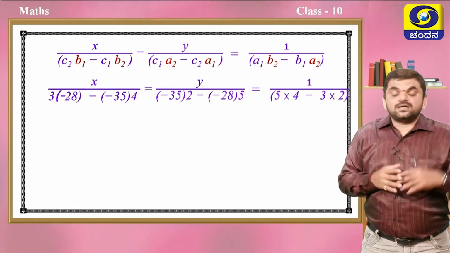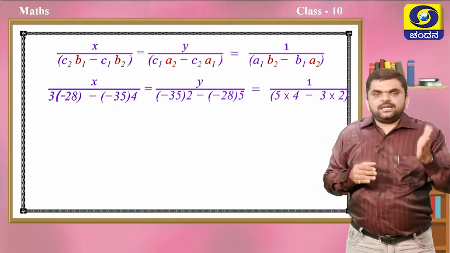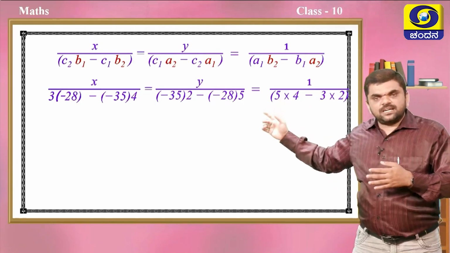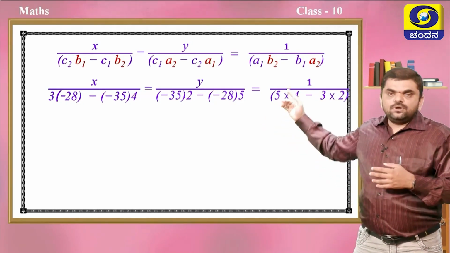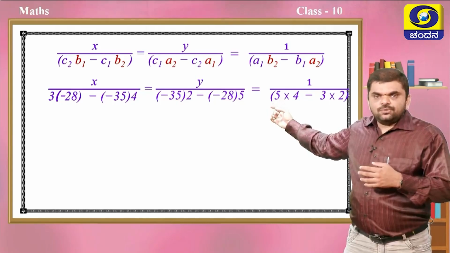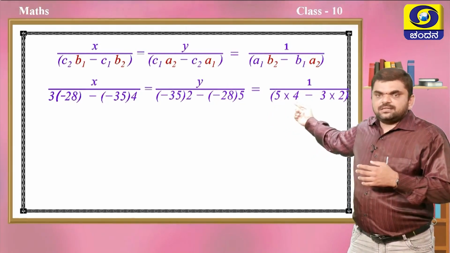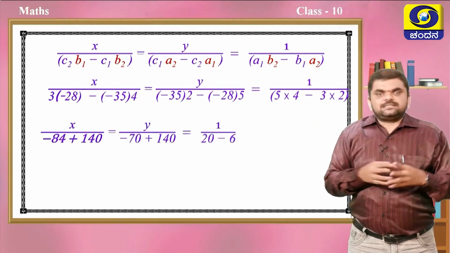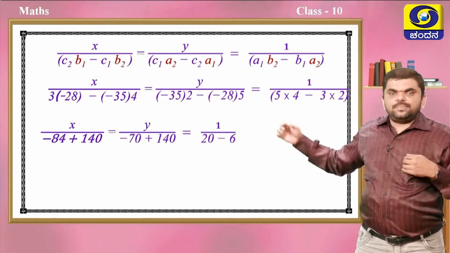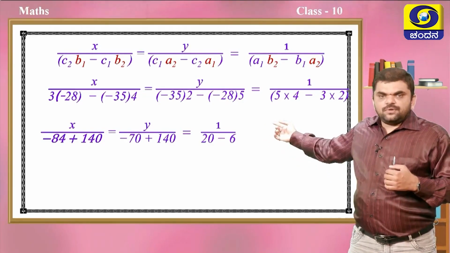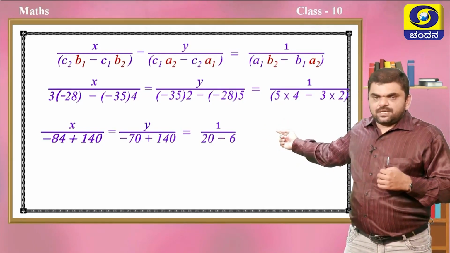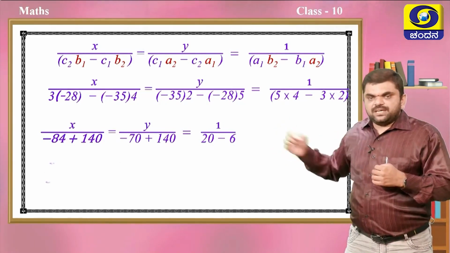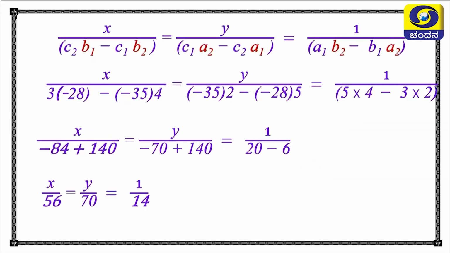So on substitution, x over 3 into minus 28 minus of minus 35 into 4 is equal to y over minus 35 into 2 minus minus 28 into 5, that is equal to 1 over 5 into 4 minus 3 into 2, that is x over minus 84 plus 140 is equal to y over minus 70 plus 140, that is equal to 1 over 20 minus 6. x over 56 is equal to y over 70, that is equal to 1 over 14.